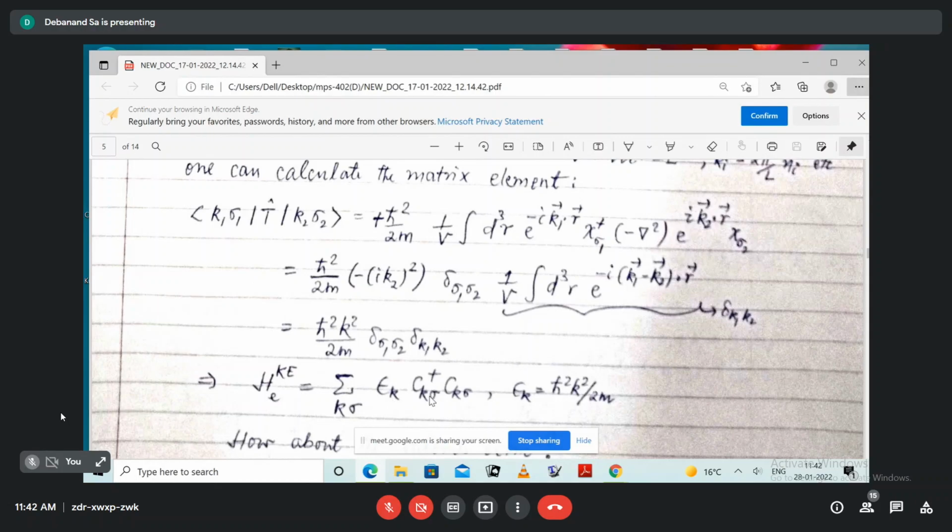So look, this is K sigma, this is K sigma. You are annihilating at the K sigma state and then creating at the K sigma. So this is called a number operator, and a number operator is always diagonal. The coefficient, or matrix element, becomes the single particle energy eigenvalue. So this is basically a free electron gas Hamiltonian, and this is already solved.